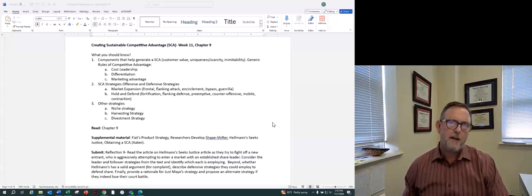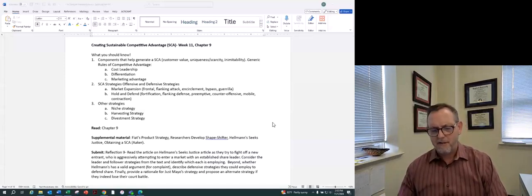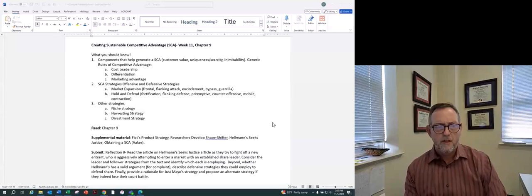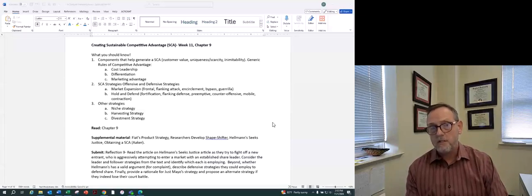And then we also talk about elements that deal with attacking your opponents, different approach strategies to try to get market share or gain a competitive advantage relative to the leaders or the followers, depending on who you are in the marketplace and who you're trying to position yourself towards.